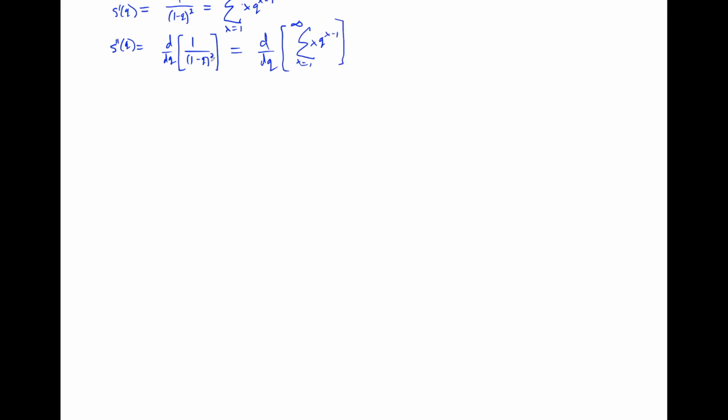Okay, so now if we look at our closed form solution, we're going to do a u substitution and use the chain rule. I'll leave that as an exercise to you. You get 2 over 1 minus q quantity cubed.